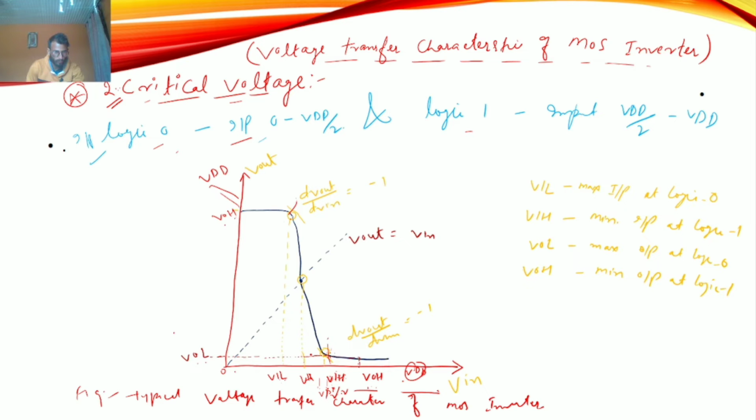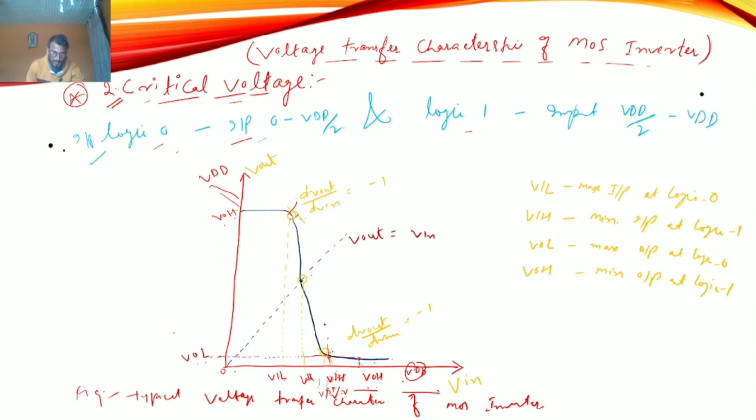After that, the output VOL is in the saturation position. And after that, VOH is at the saturation point. So VOH, VTH and VIH are the critical points.